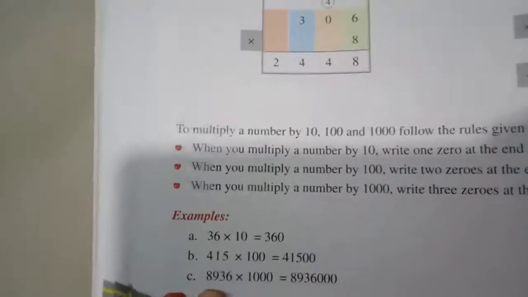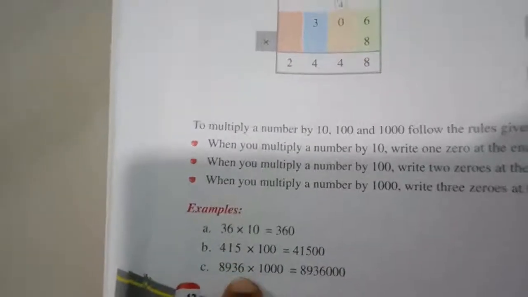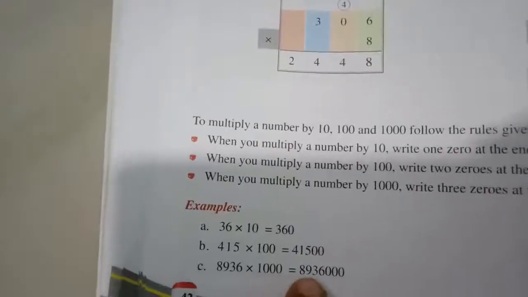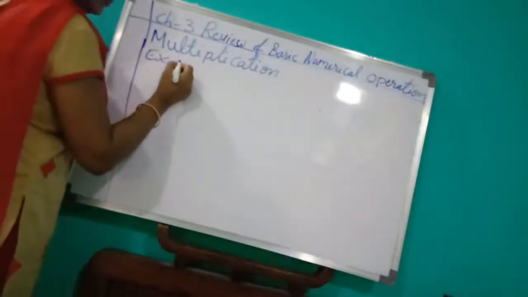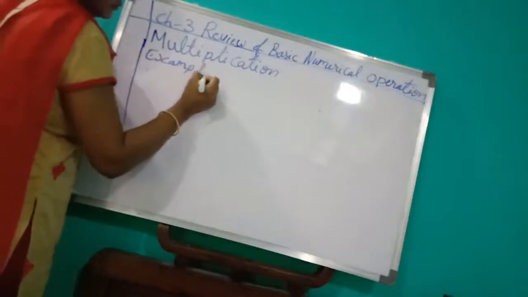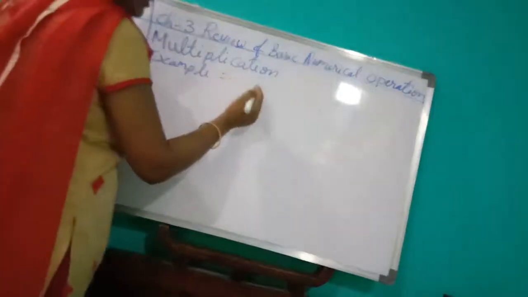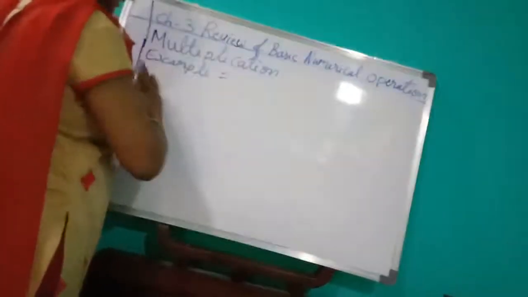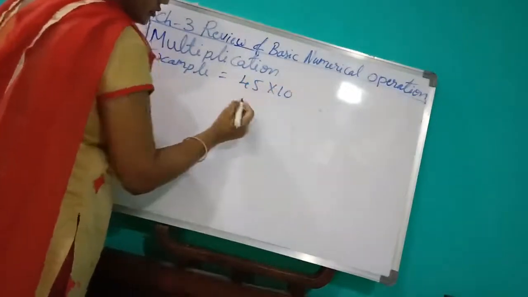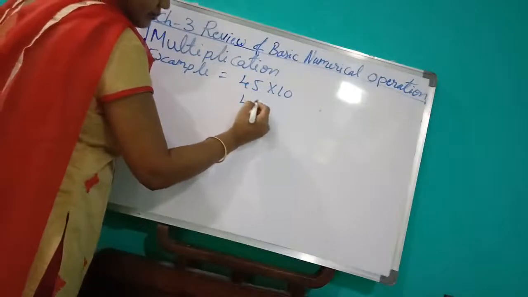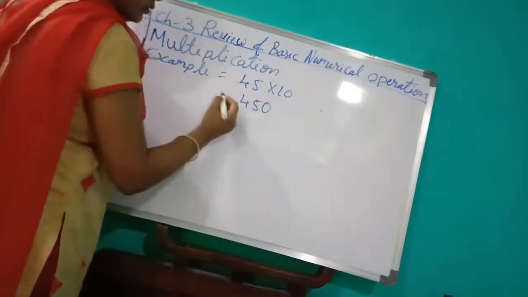Okay. 8,936 into 1000. For example, see, if you multiply any number by 10, what you have to do? At the end of this number, you should write 0.